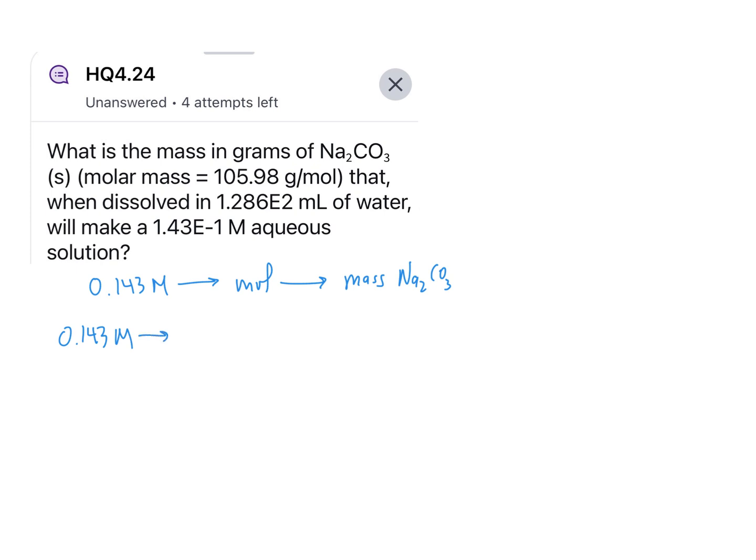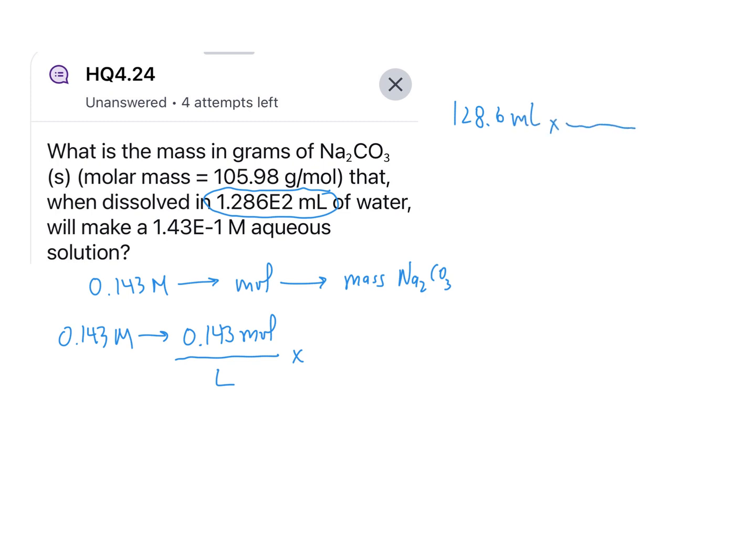Molarity is moles per liter. So I've got 0.143 moles per liter. And we can find out how many moles, right? We want to get rid of volume in liters. And so I've got 128.6 milliliter solution.